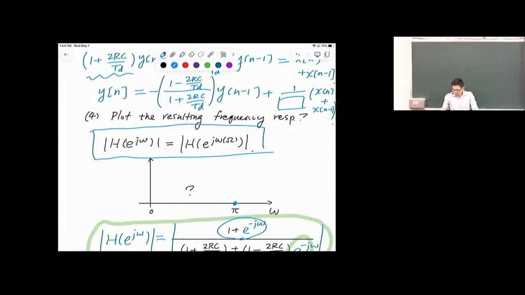Let me try to draw a few pictures right here. Let me intentionally change the x and y axis in the S-plane, in the big omega domain. If you have a low-pass filter with this magnitude response, and now this is your omega, I intentionally draw it like that, just switching the role between x-axis and y-axis.